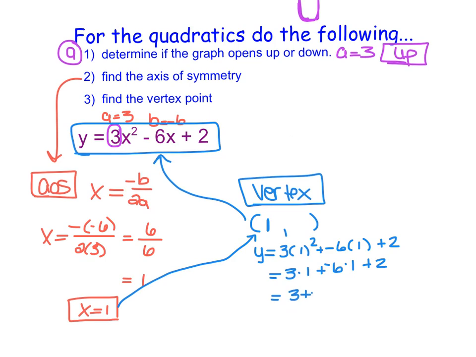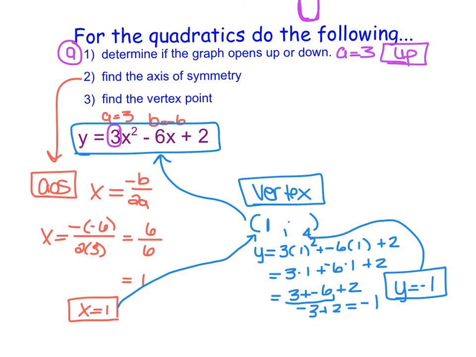So I have 3 plus negative 6 plus 2. So we add those together first. I get negative 3 plus 2, and that is going to equal a negative 1. So I find that when x is 1, y is equal to a negative 1. So that's what will go back into my vertex. So I find that my vertex point is x is 1, y is negative 1.